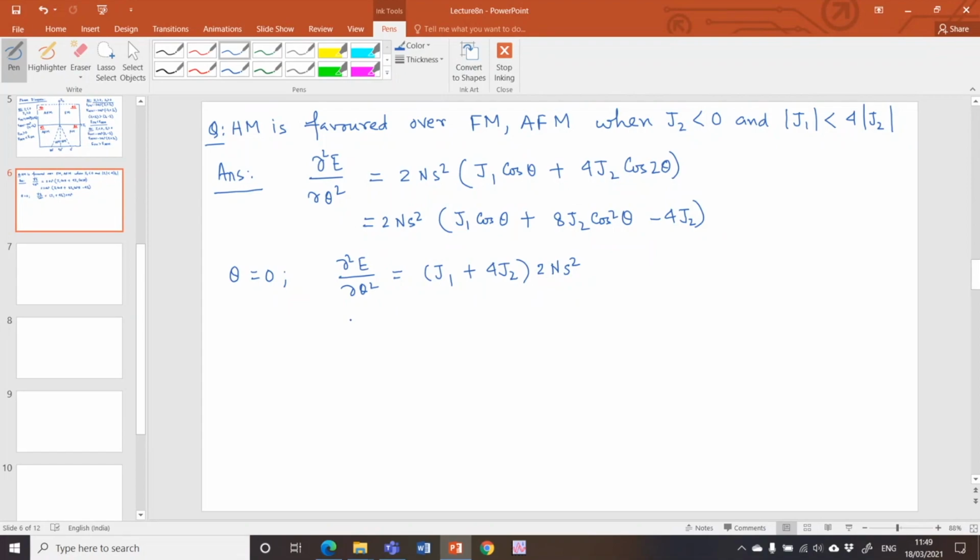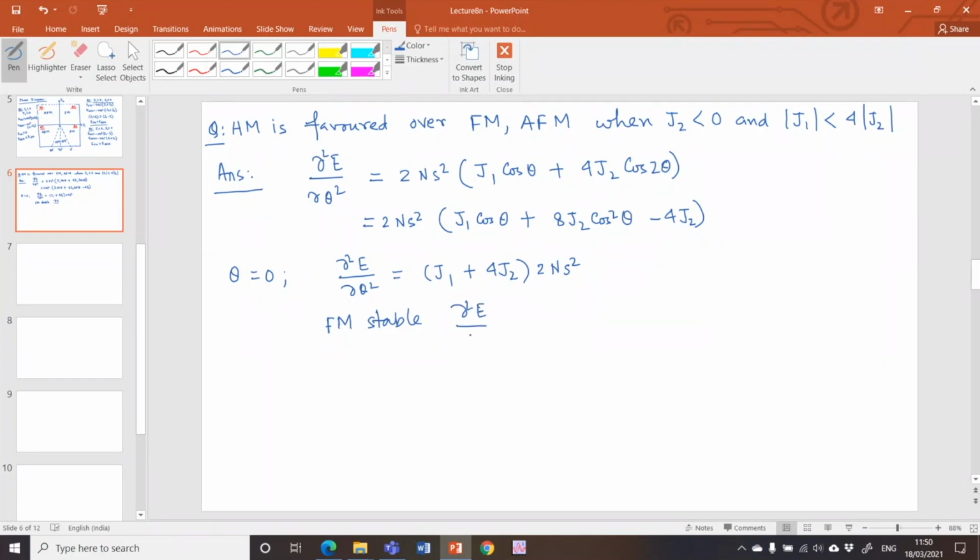Where? Sir, in the second line, 2n s square J1 cos theta plus 8J2 cos square theta minus, it should be plus 4J2. Okay, so now if FM is stable, then what we have to do?